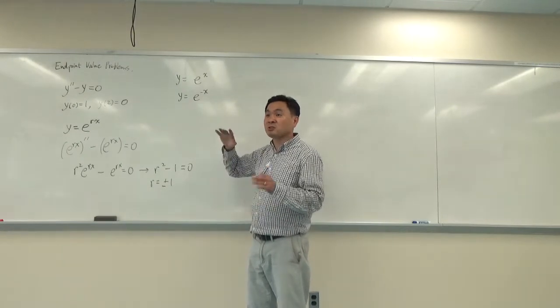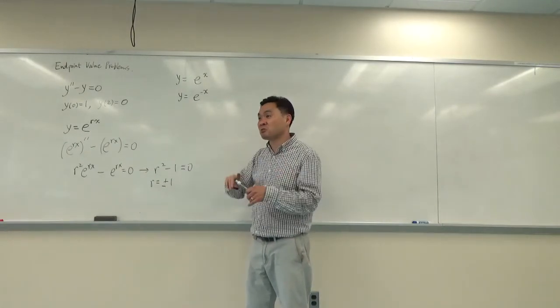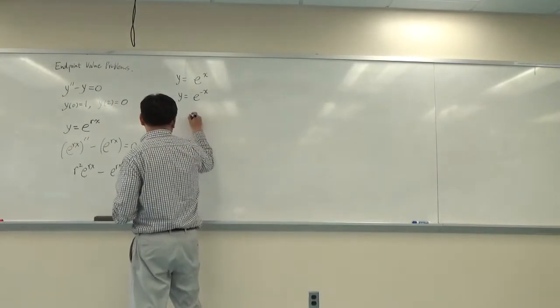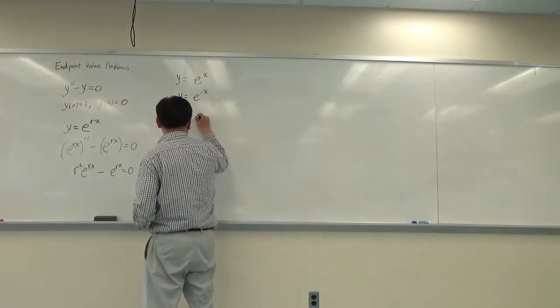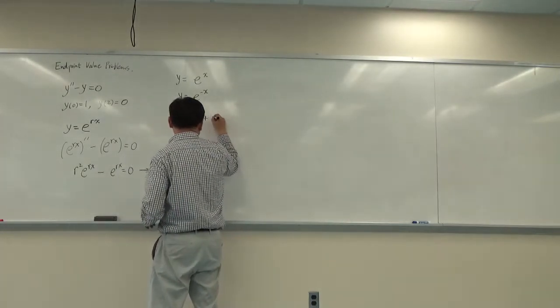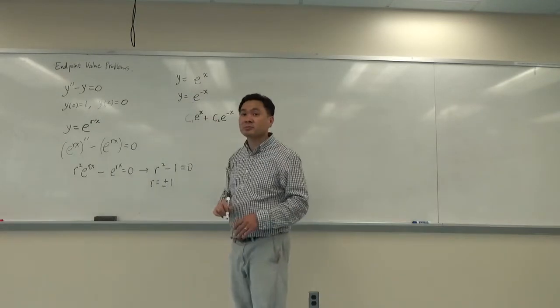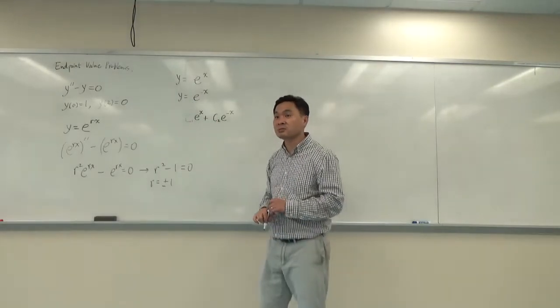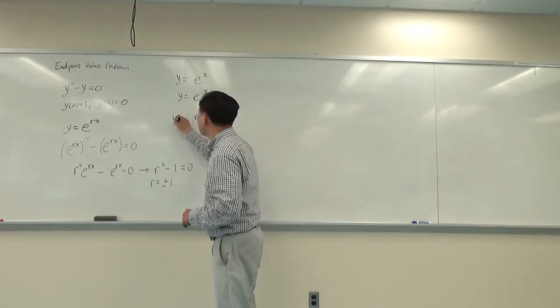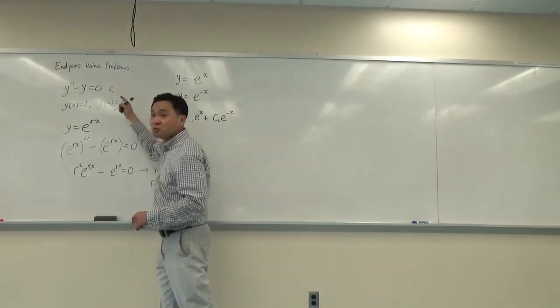So linear combination, same thing as superposition. All it means is you take one constant times the first function, and you take another constant times the second function. Good? That's the solution of this differential equation in general.